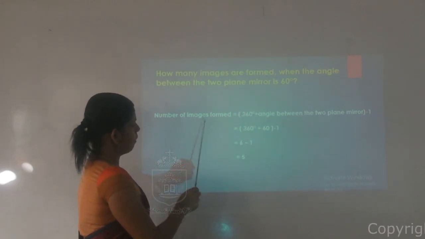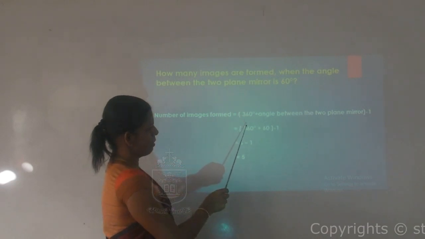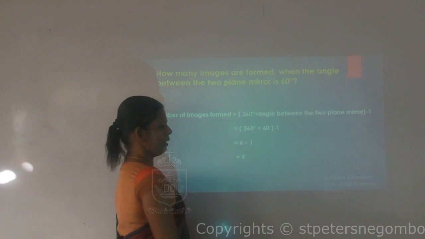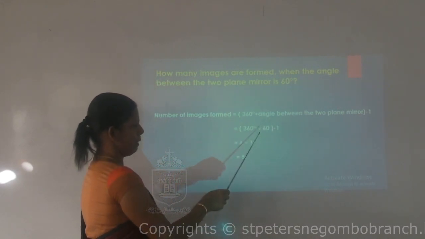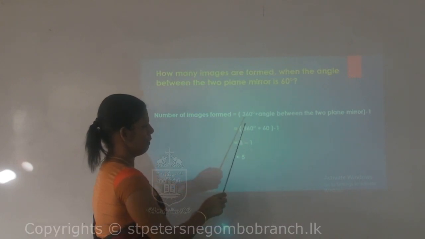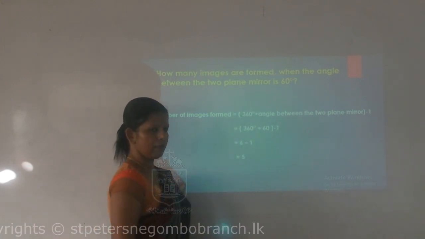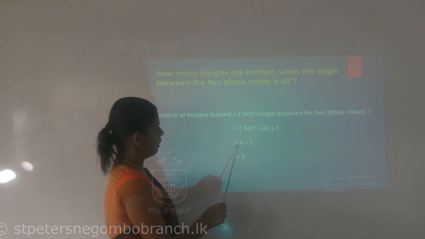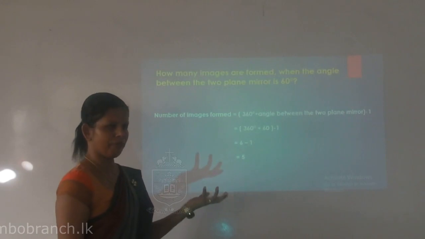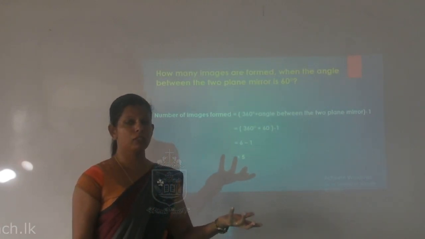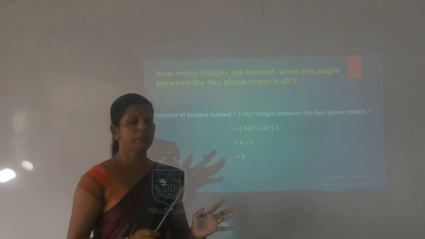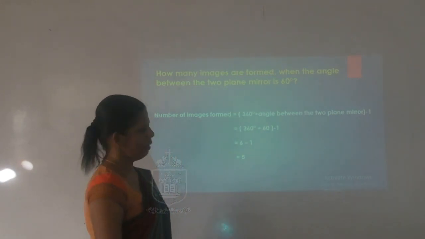Number of images formed is 360 divided by the angle between the two plane mirrors, minus 1. Applying this, 360 divided by 60 minus 1; 360 divided by 60 is 6, minus 1, so we get 5 images. In the same way, you can find out the number of images formed with a change in the angle between two plane mirrors.